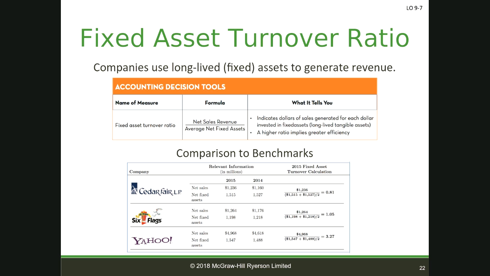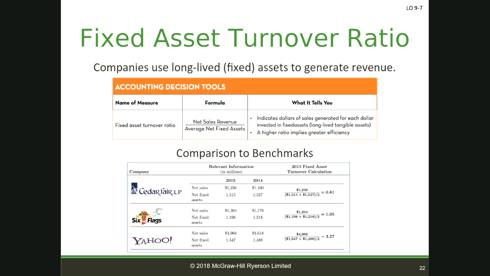If our net sales revenue is $10 million, and we're doing that with a $1 million net, that's a 10 times ratio. So of course, what you want to try and do is maximize your sales revenue, but to the extent you can, minimize your net fixed assets.